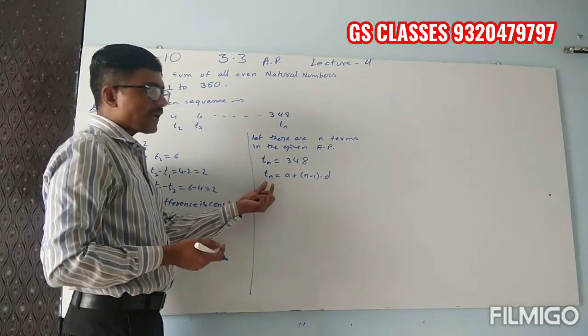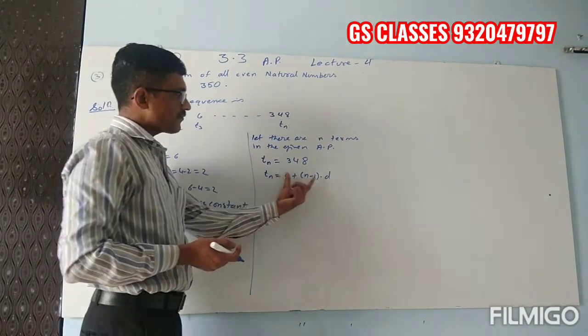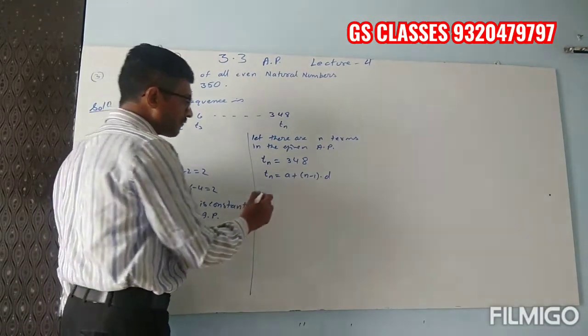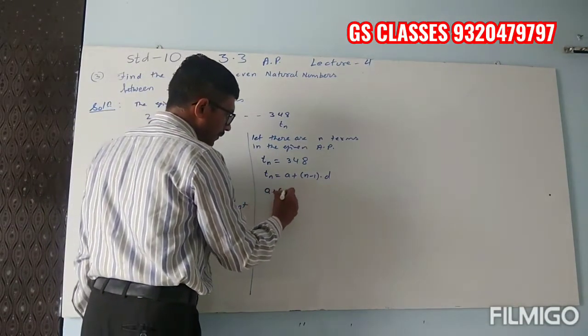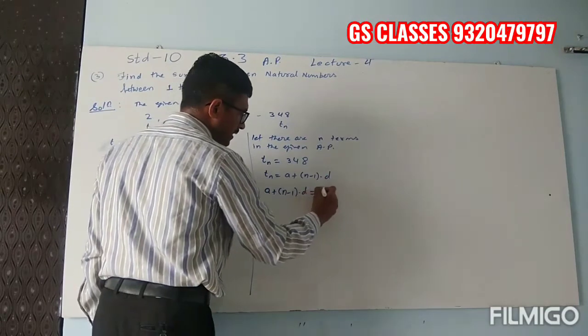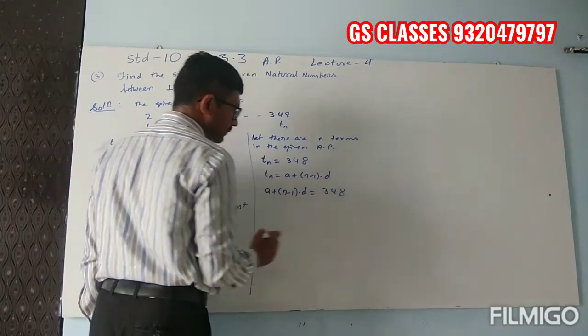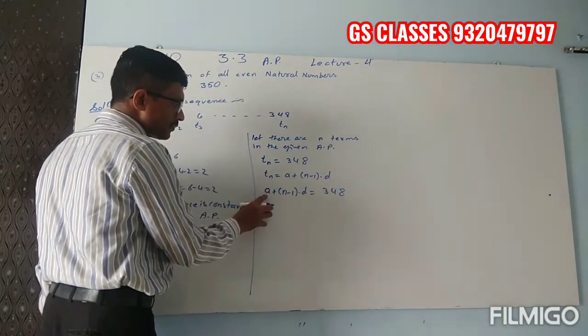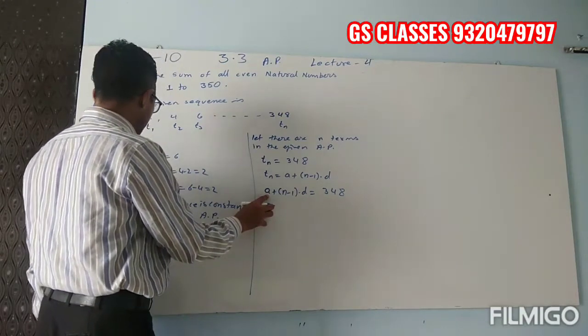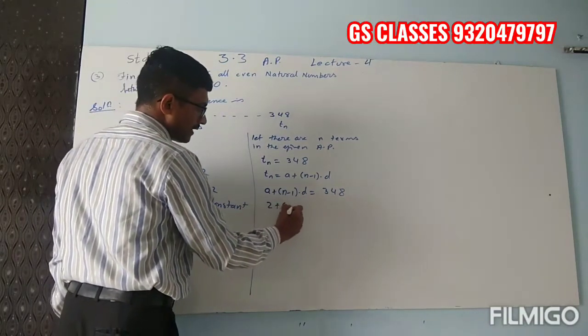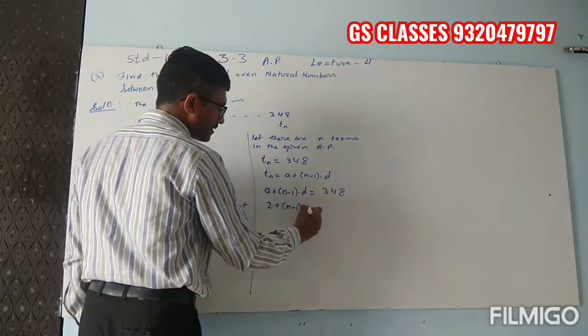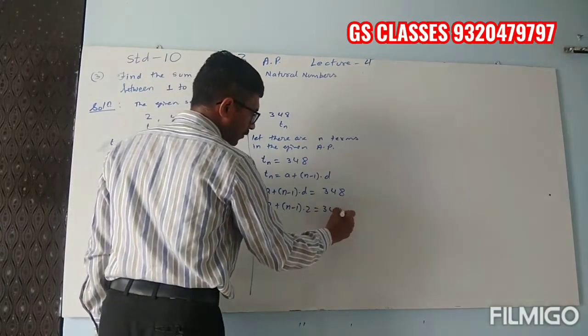That last term can also be obtained by using this formula. So if I write a plus n minus 1 into d as 348, by substituting the values, a as 2, n is unknown, d is again 2, 348.